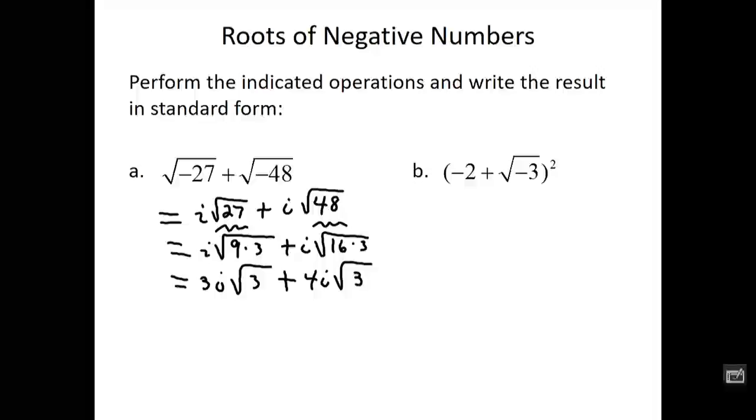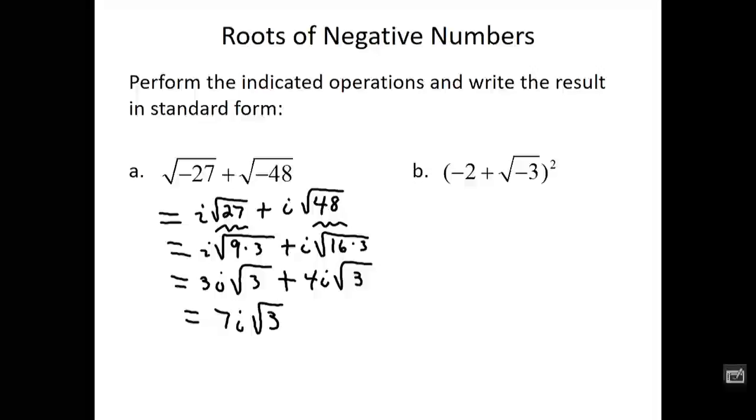So we can actually combine these, they're like terms. 3i plus 4i is 7i times the square root of 3.